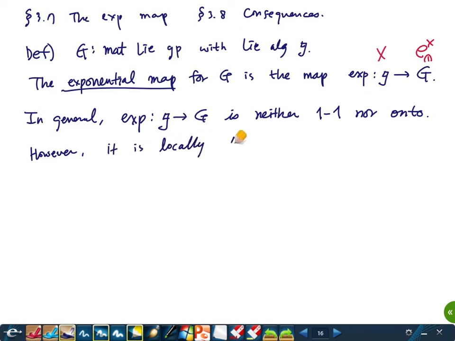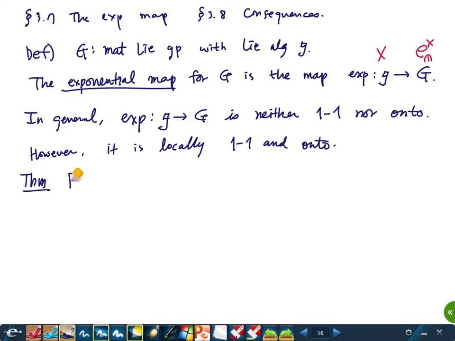Locally one-to-one and onto. Locally bijective. So if you look at them locally, then this really tells us something. This is what this theorem is saying.